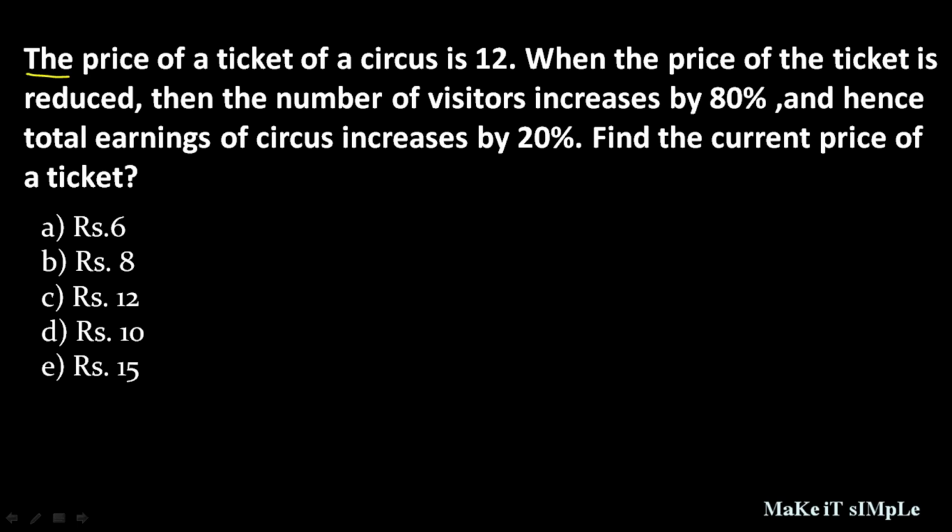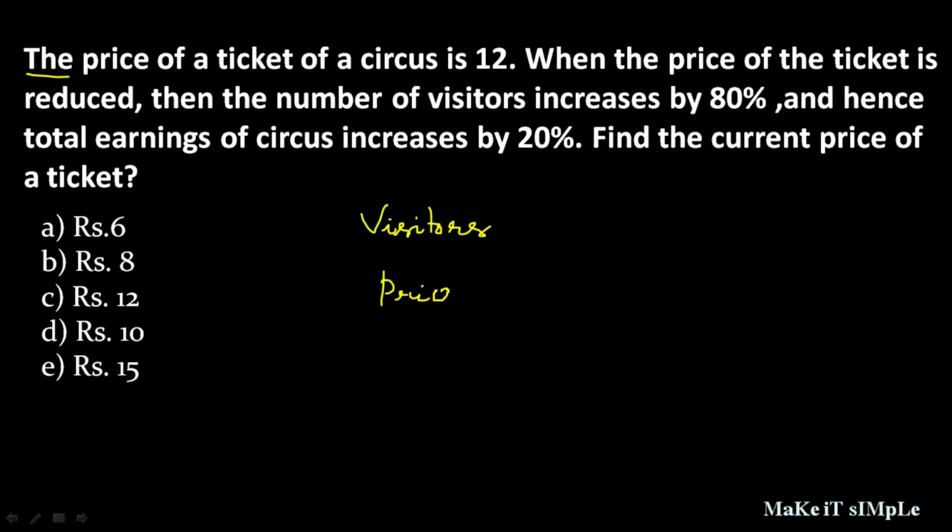The price of a ticket of a circus is ₹12. When the price of the ticket is reduced, the number of visitors increases by 80% and hence the total earning of the circus increases by 20%. Find the current price of the ticket. So first you have to find, there are two things they have given, that is the visitors, then price.